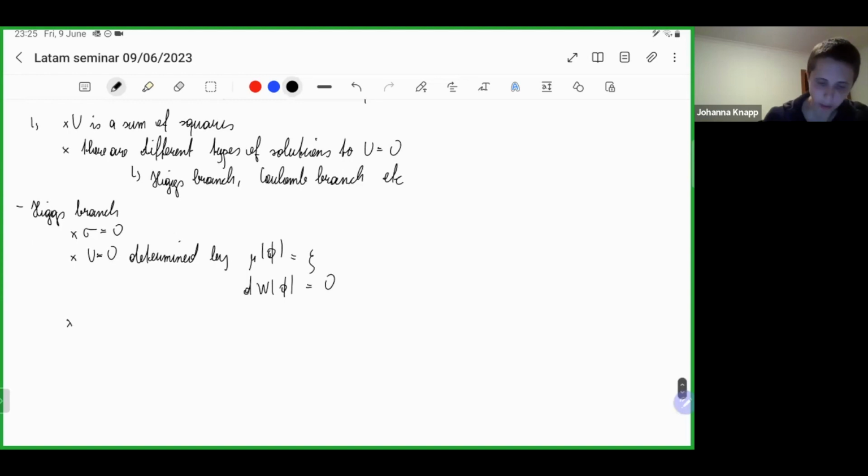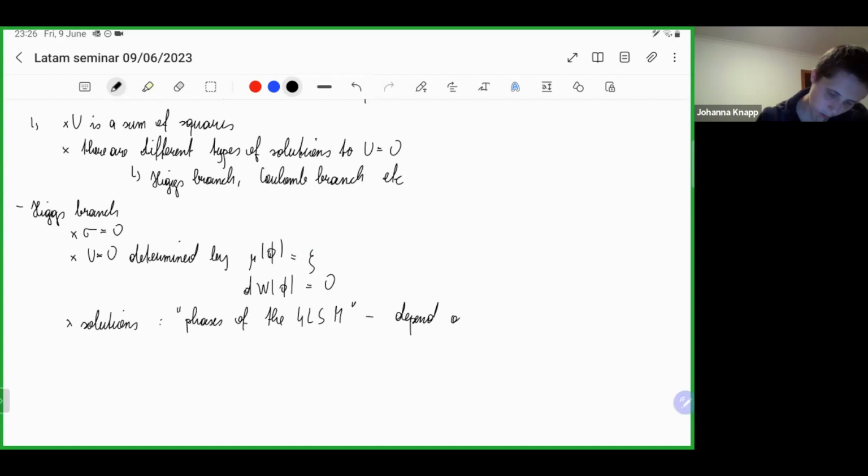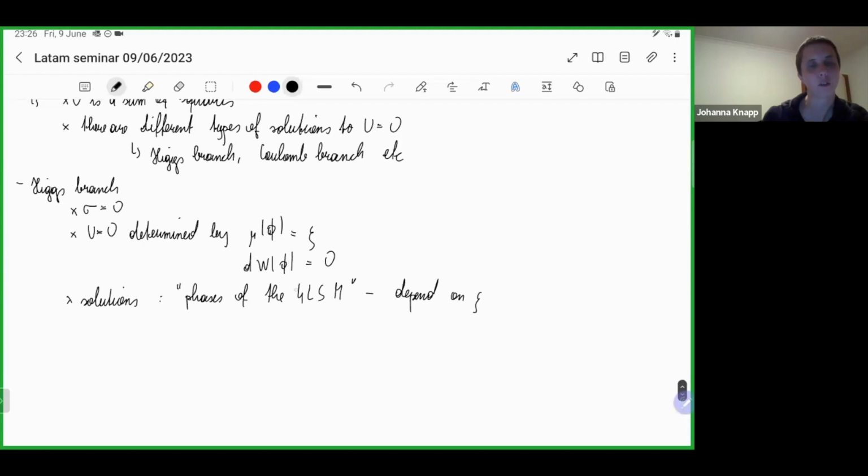And we still need to solve that, and you can have different solutions depending on what theta is. It's just a real parameter, and the solution space can change, as we will see. And the solutions actually made it to the title of Witten's paper, which are called phases of the GLSM. And they depend on theta. So very formally, we will find some configurations of the phis, hopefully, that satisfy these relations.